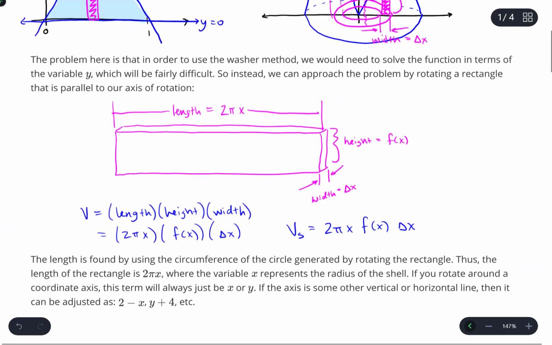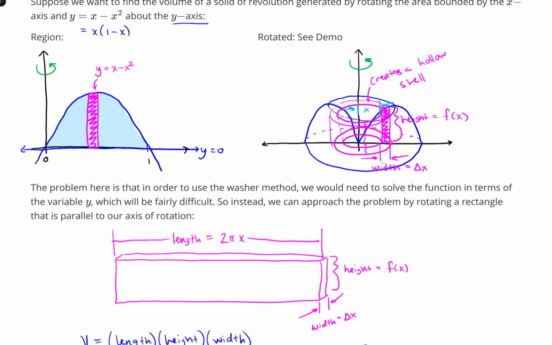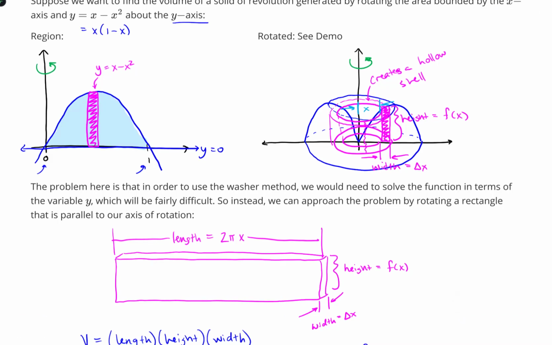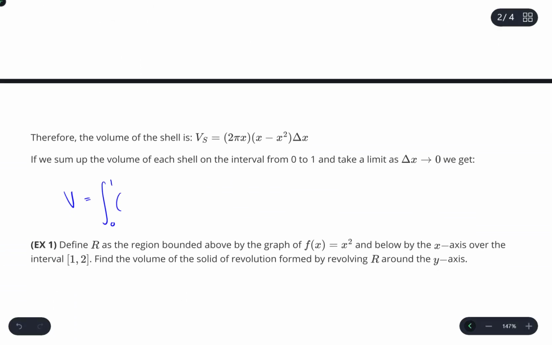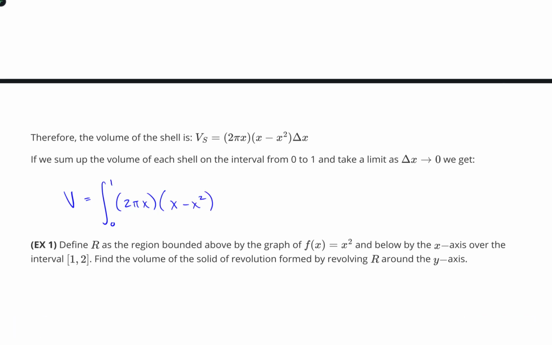And it's 0 to 1 because we started here with x equals 0 and it ends at x equals 1. So the rectangle here goes between those values of 2 pi times x, which makes the circumference of those shells, times x minus x squared, because that's the height of the shell at any particular point x, times dx.